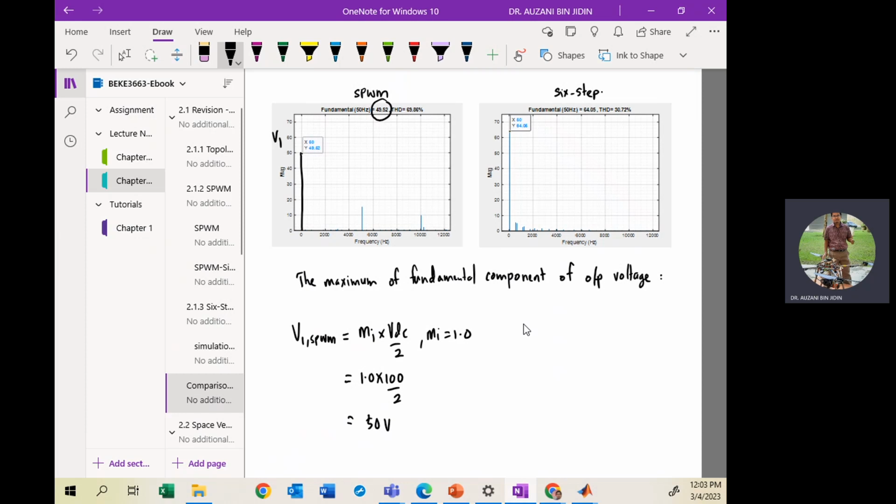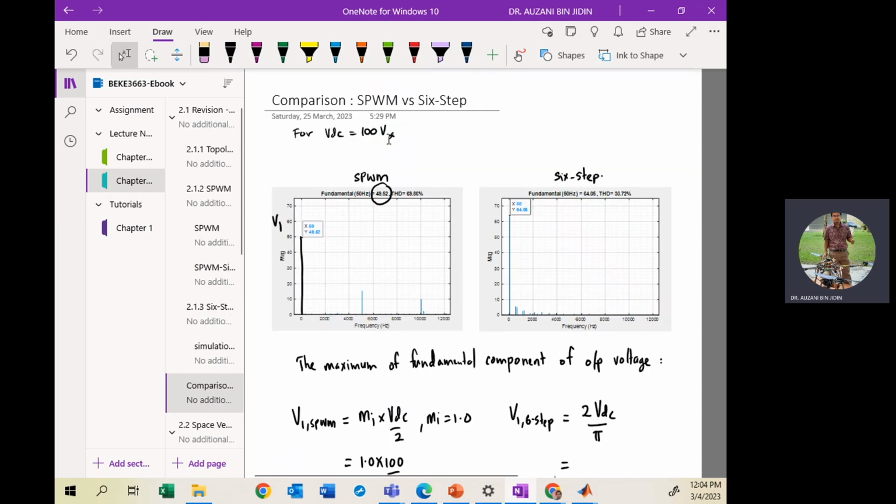But for the 6th step, V1 subscript 1, comma 6th step is, so we obtain the equation as 2 VDC divided by pi. So VDC is the same for both methods, because we want to have a fair comparison.